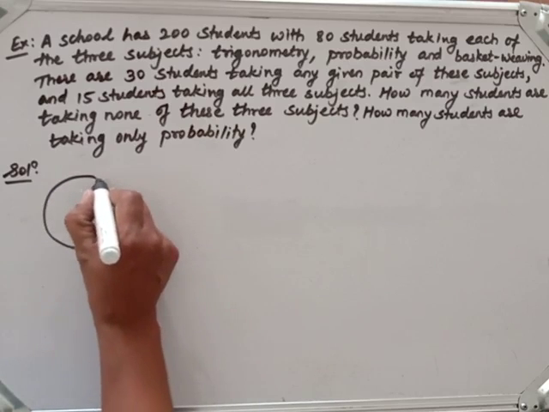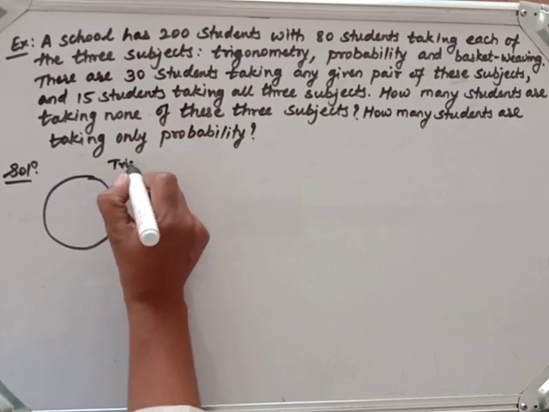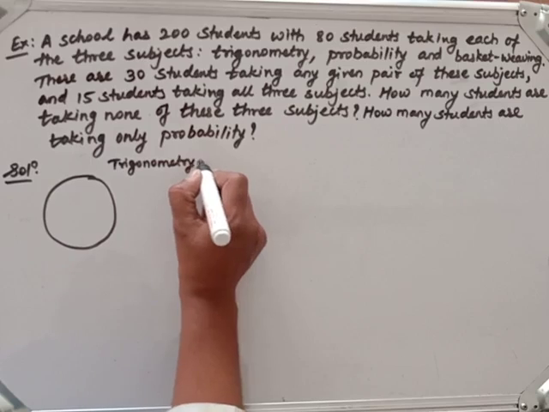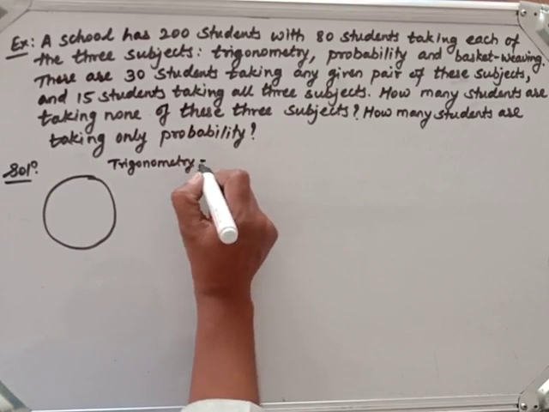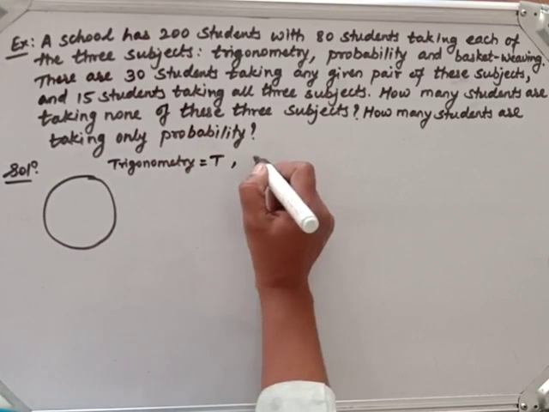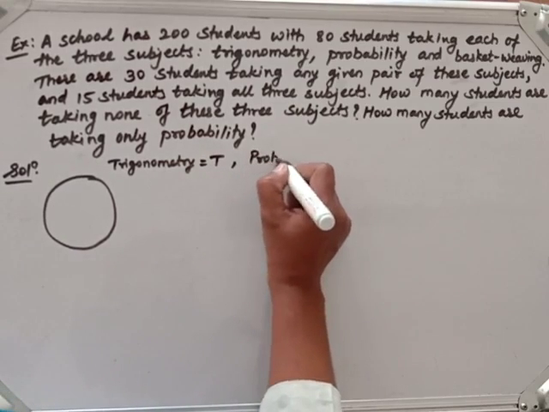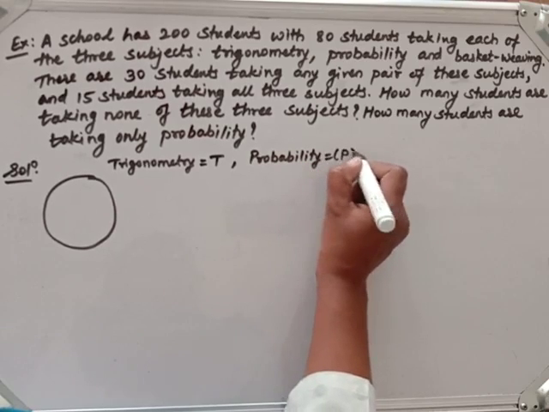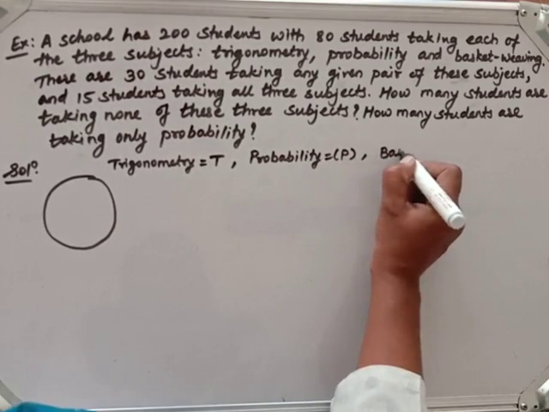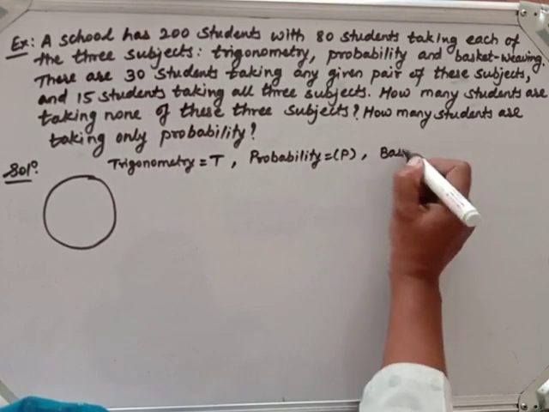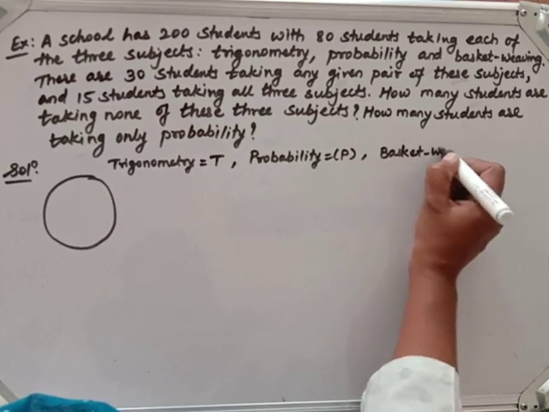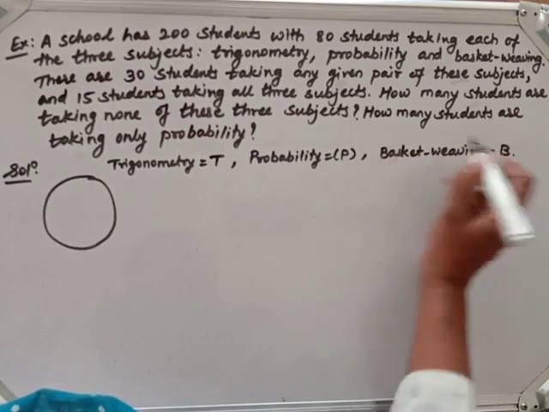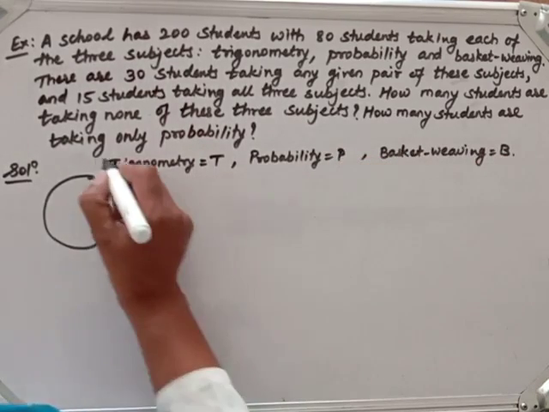Let us denote trigonometry by T, probability by P, and basket weaving by B. These are our assumptions.